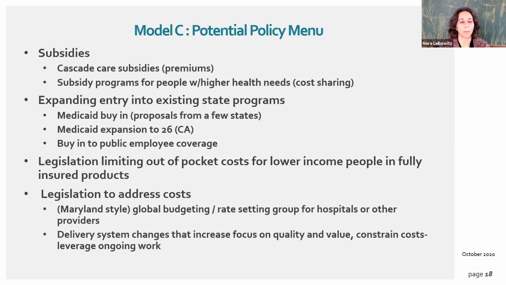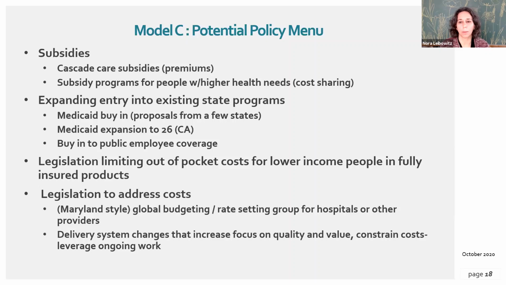Thinking about expanding Medicaid coverage to people above childhood, particularly undocumented folks who are not otherwise eligible. And then a buy-in similar to a Medicaid buy-in, a buy-in to the public employee coverage, which has also come up several times in our discussions. Those are program and eligibility expansions.